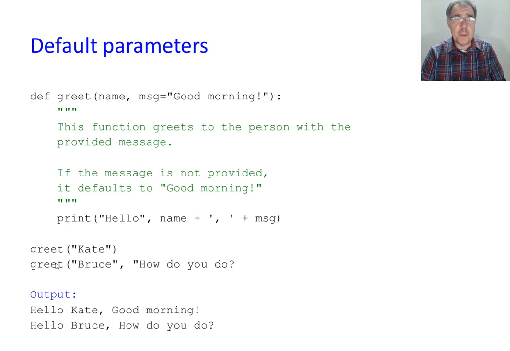You can change that. So here, for example, greet Kate. That means that by default message has not been provided, so it's going to be good morning. So we're going to see hello Kate, good morning. While if I do greet Bruce, how do you do, then that would be replacing the default value for message, and that would be my new value for message. So I will see hello Bruce, how do you do?